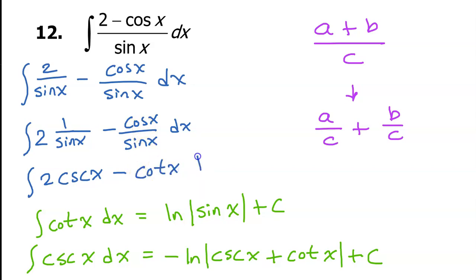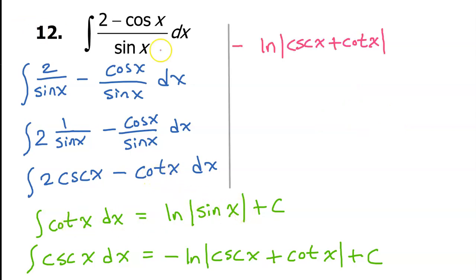So cotangent x. You can see that on the next step, I'm going to need my integral of cosecant rule, which is right here, and my integral of cotangent rule, which is right here. So here is my integral of cosecant rule. I will save the plus c for the end of the problem.